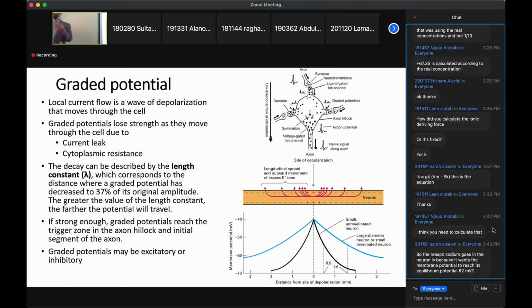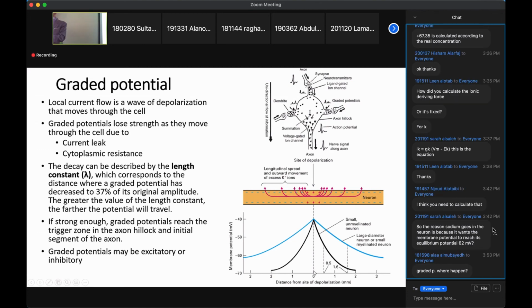So what this means is that the bigger the length constant, as you can see here, where this is the site of depolarization, the more likely that it will reach the threshold at the trigger zone to produce an action potential. The smaller the length constant, the less likely it is.